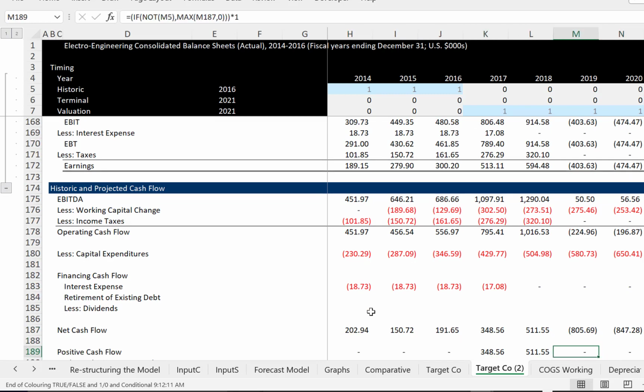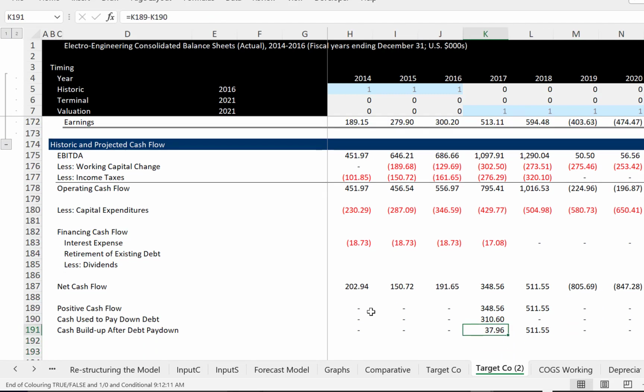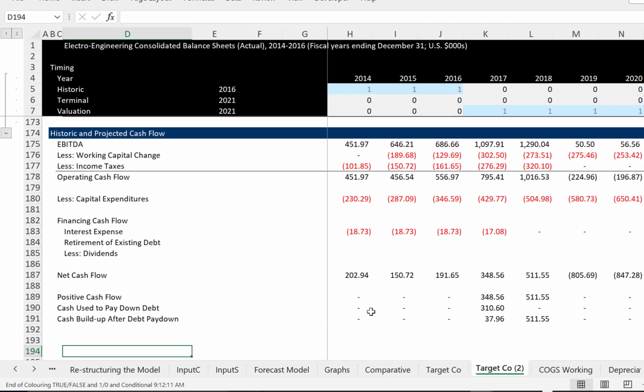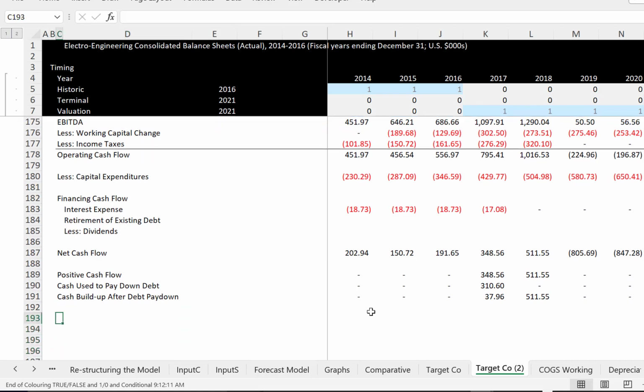So this time we built up some cash, but now we've got negative cash flow, and we've got to first pay down the debt. So let's put negative cash flow, and we're going to do something else.